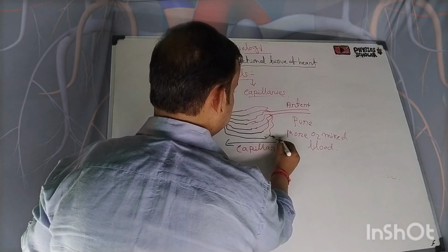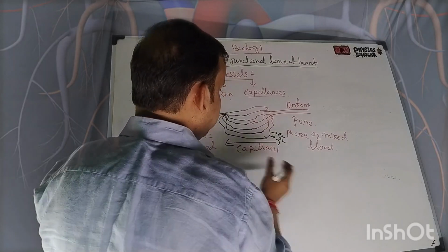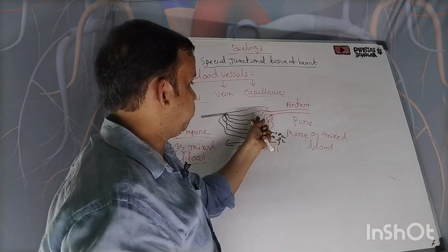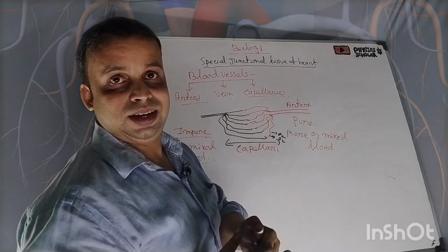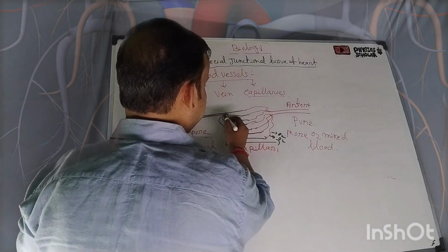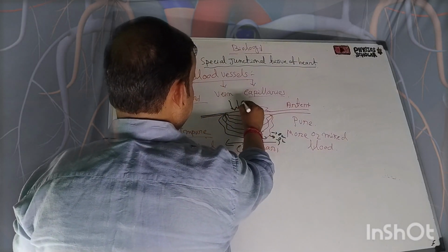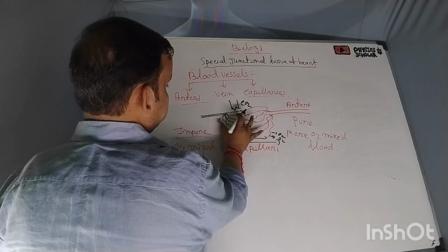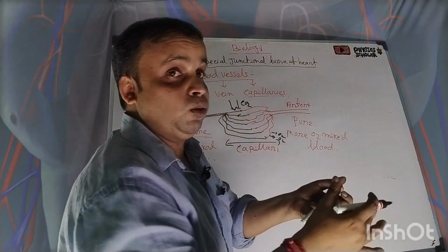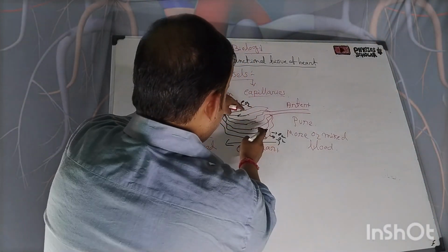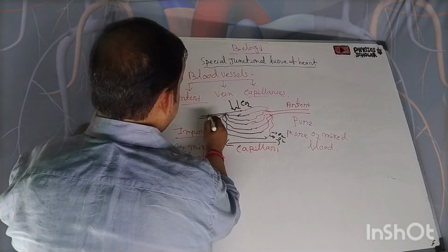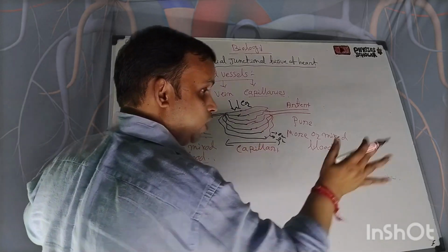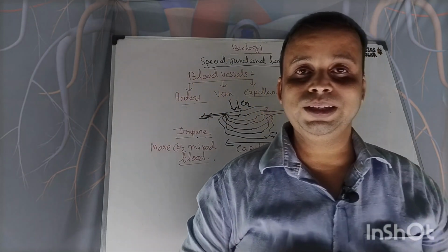The O2 from this blood will enter, and the other important materials will enter the cells of our body, and from the cells the CO2 will enter the blood, and that blood will carry more CO2, and that blood will be transmitted to the vein towards the heart. So this is the procedure.